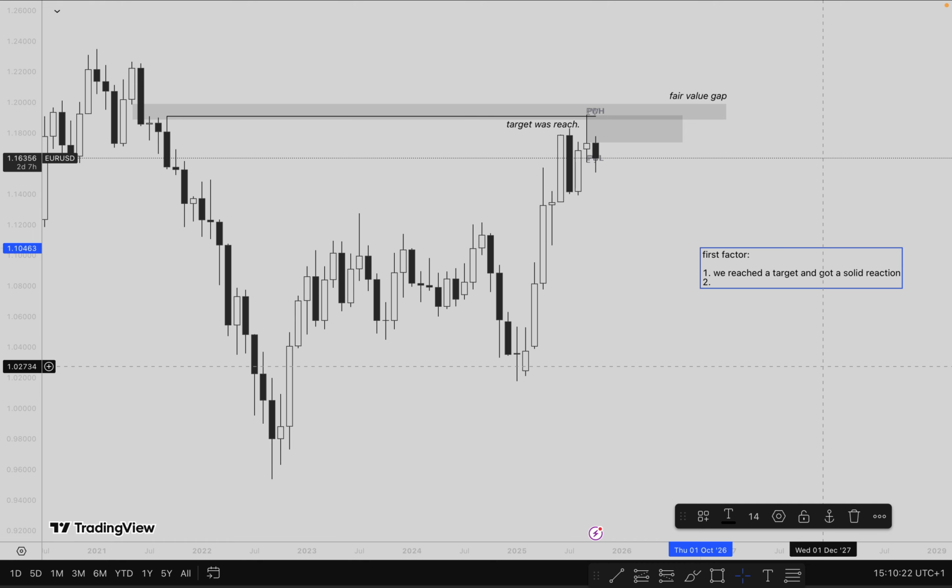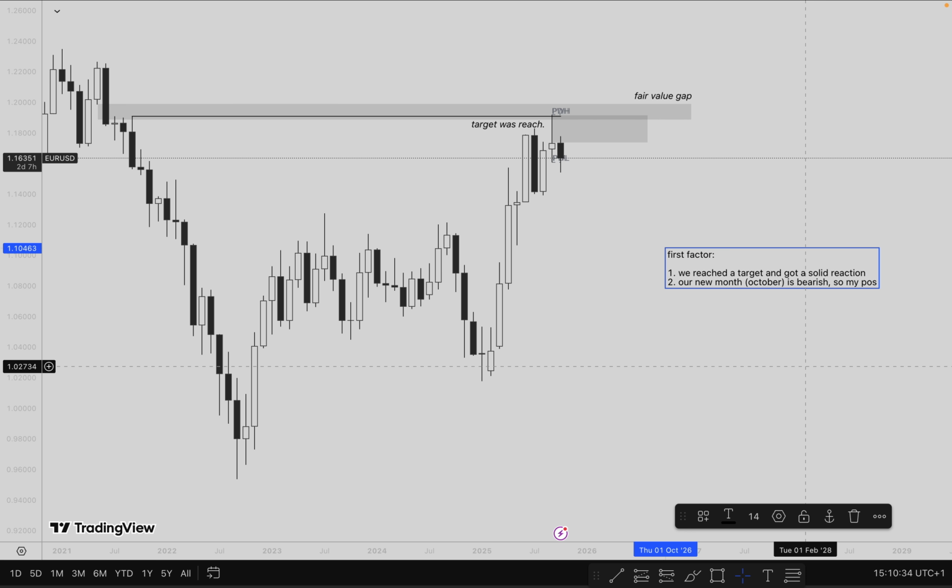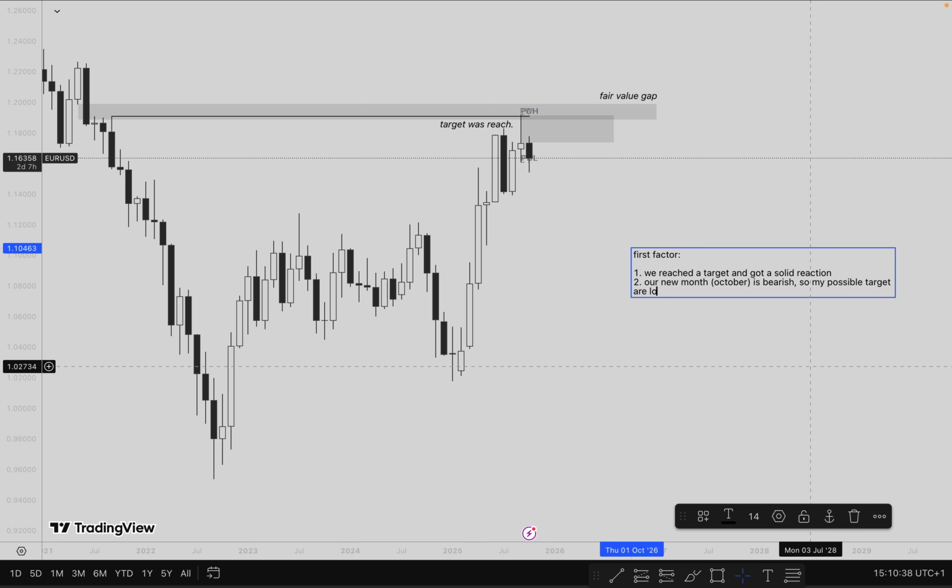The second one is that our new month, by new month I mean October, is very bearish. So my possible targets are located below, bearish targets.